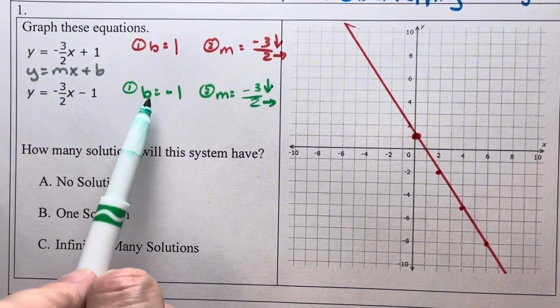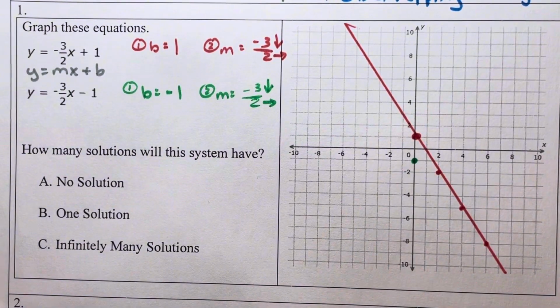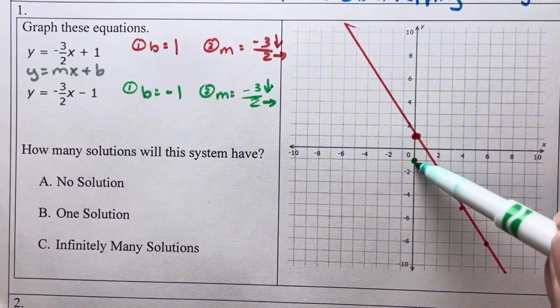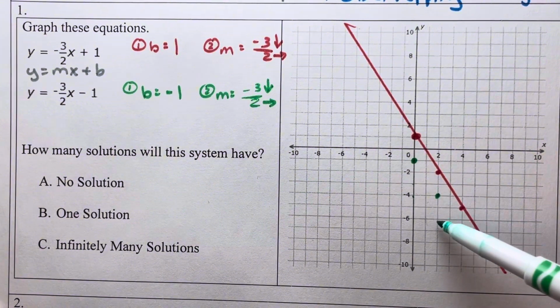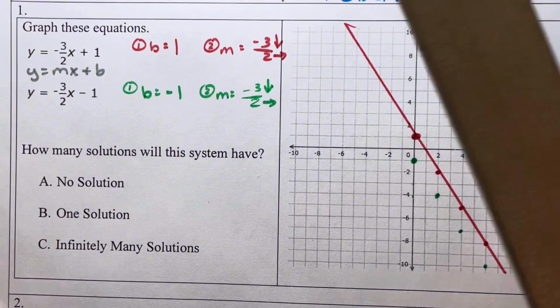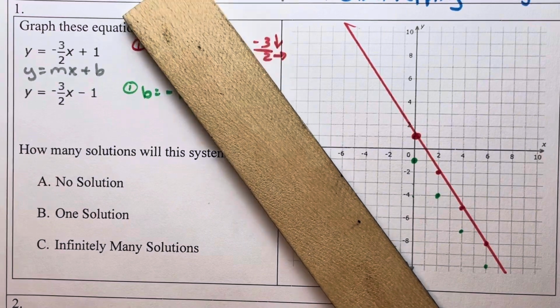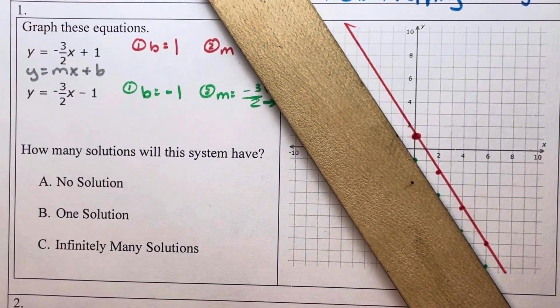So, plotting my y-intercept of negative 1 on the y-axis, let's implement our slope. Down 3 and to the right 2. Down 3, to the right 2. Always going forward as many times as possible before running out of your graph. Got our straight edge.